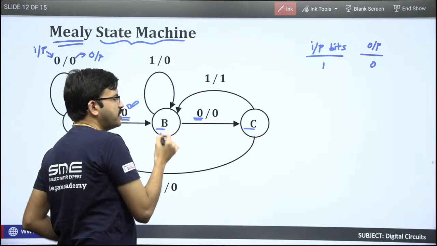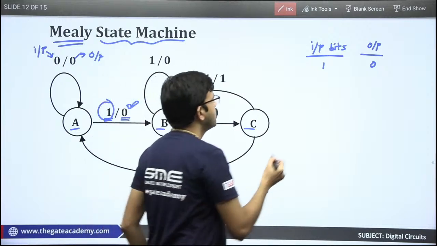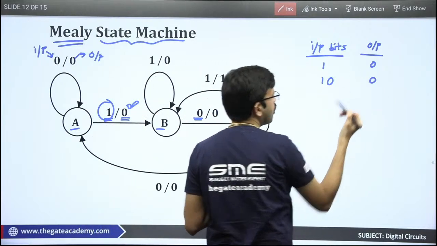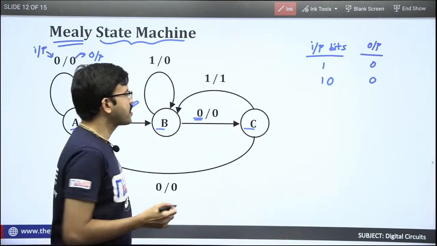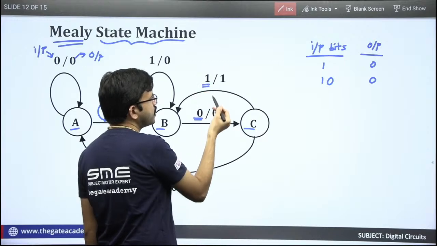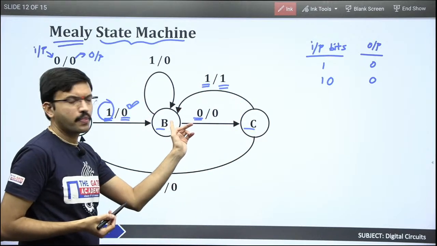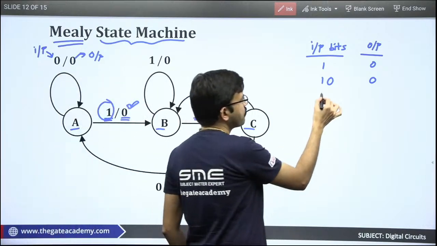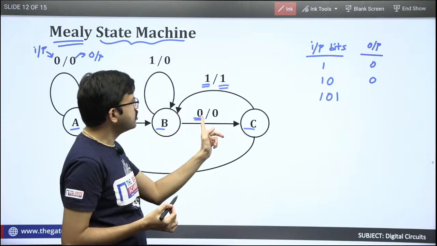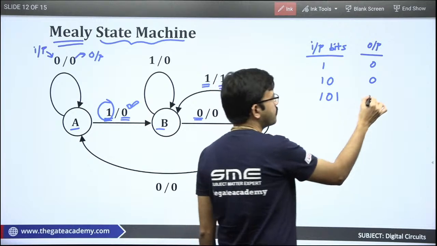When you are at state B, if the input is 0, that time the transition is happening. So up to here you got 2 bits, 1 and 0, but still output is 0. Now currently you are at state C. If the input is 1, then output is 1 and it is moving to state B. So now if you observe here 1 0 1, up to here we got 1 0 as the inputs. Now we got one more input 1 and in this case we are getting output as 1.